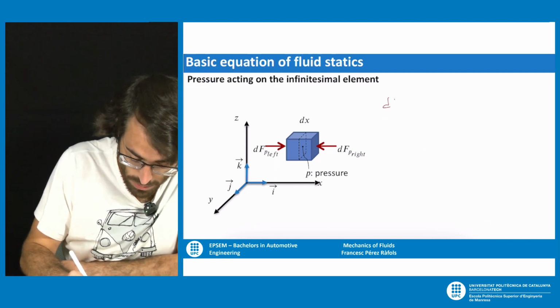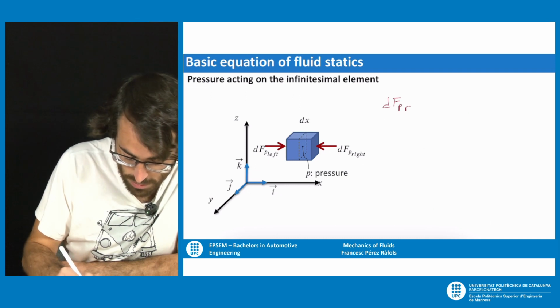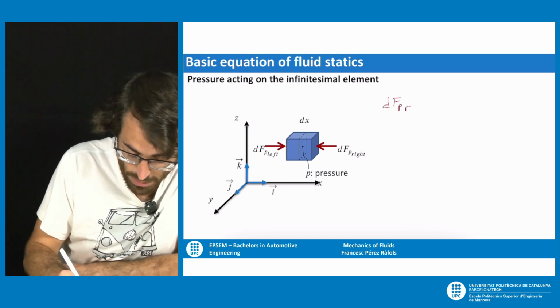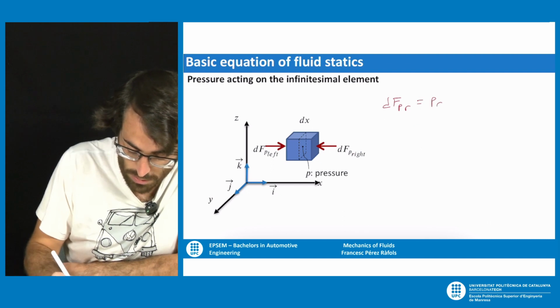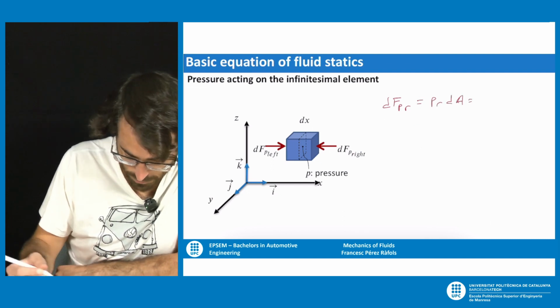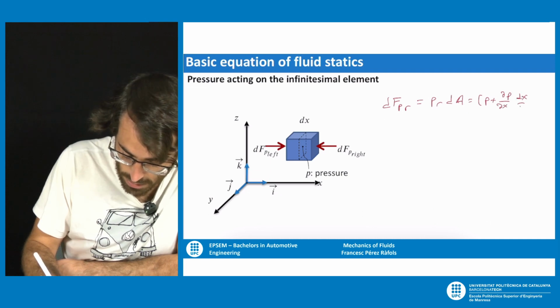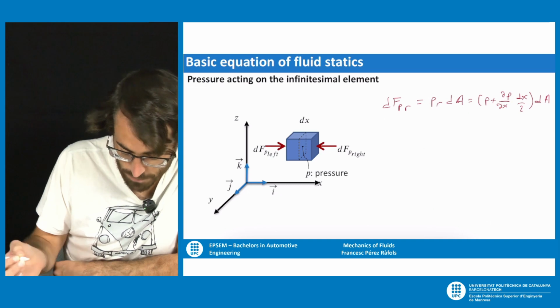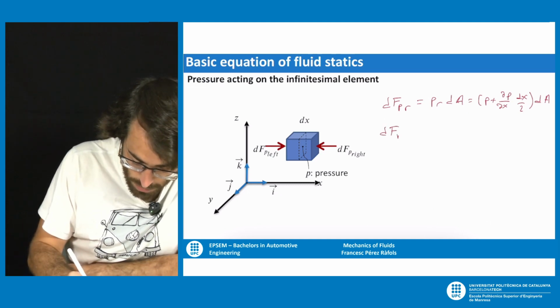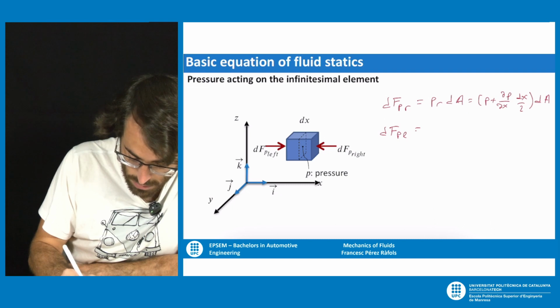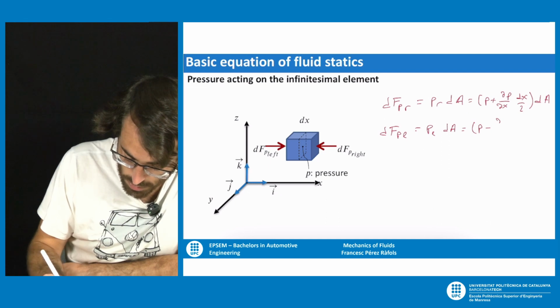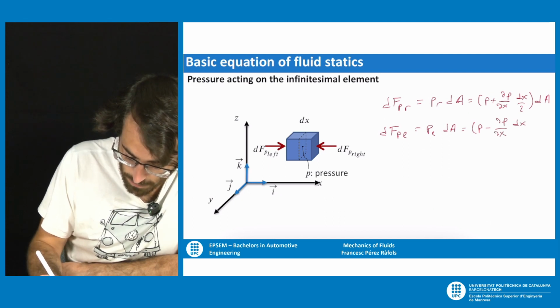If we look at the pressure force Fp on the right, that would be the pressure on the right times the area. So the pressure will be P plus dP/dx dx over 2, times the area. The same we can do for the pressure force on the left, which will be P left times the area, so equal to P minus dP/dx dx over 2, times the area.